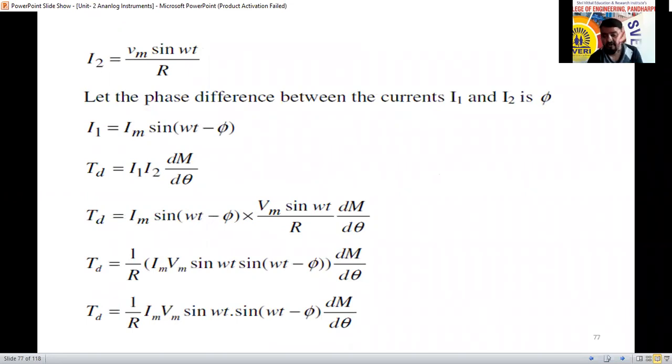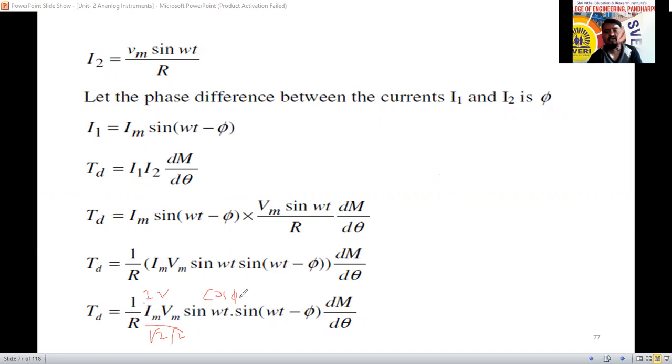So it is nothing but cos phi divided by 2. The 2 term I will split into √2 times √2. Im by √2 is I, and Vm by √2 is V. The other things we consider as constant.